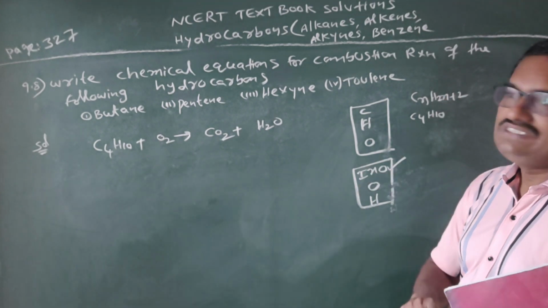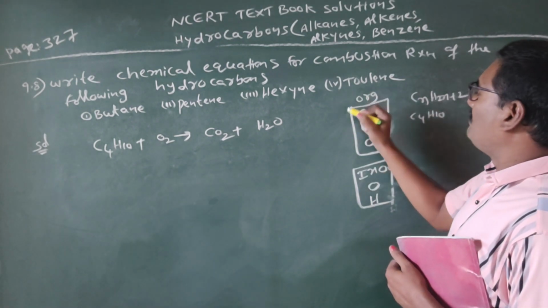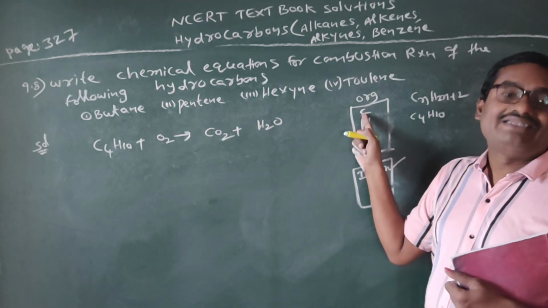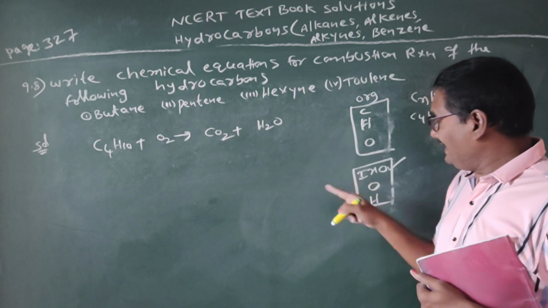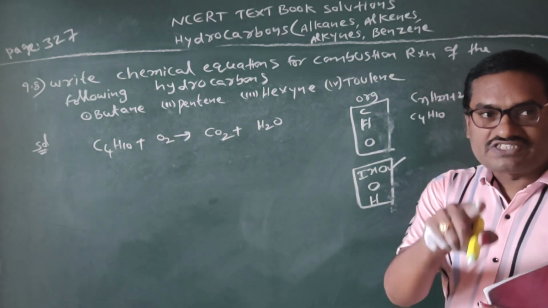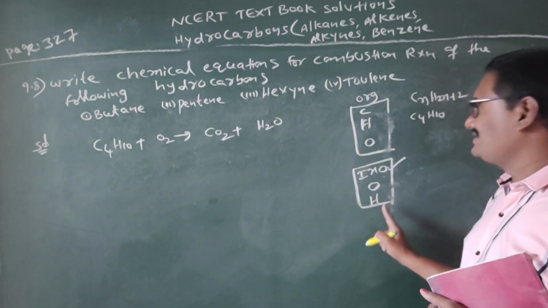So these are the rules. In organic compounds, first balanced element is carbon, next hydrogen, next oxygen.